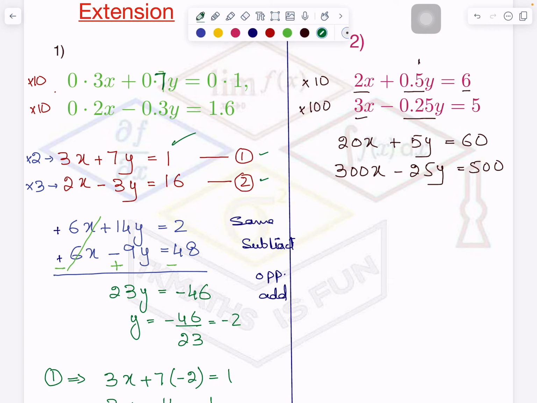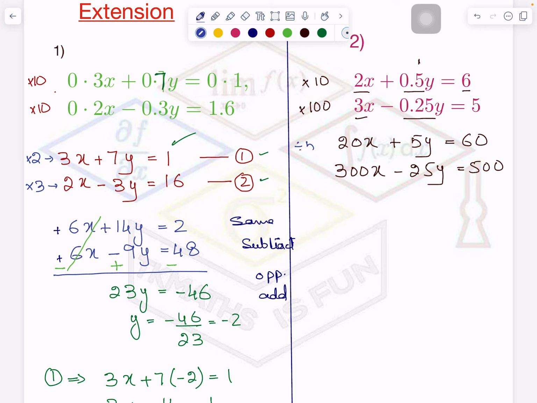So one more hint I will give you here. After doing this, I will see if I can simplify the equation, if I can take anything common out and simplify it, right? So what do I see here? From this equation, which is 20x plus 5y is equals to 60, if I divide it by 5, I will get a smaller number, right?